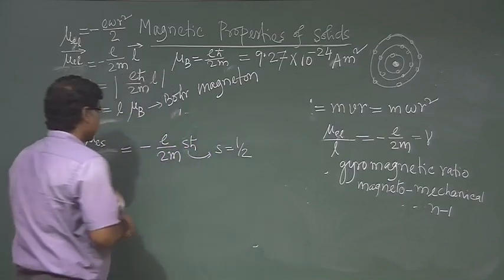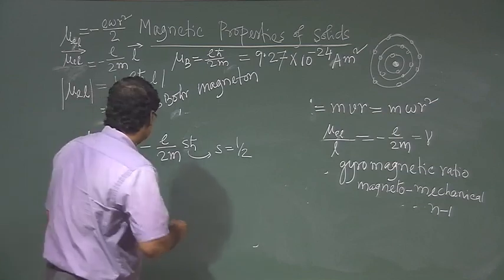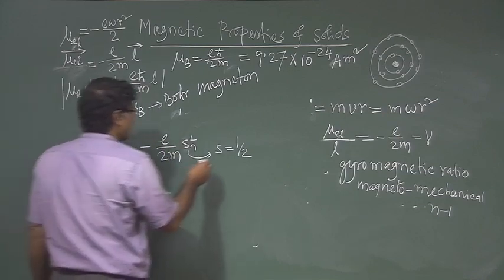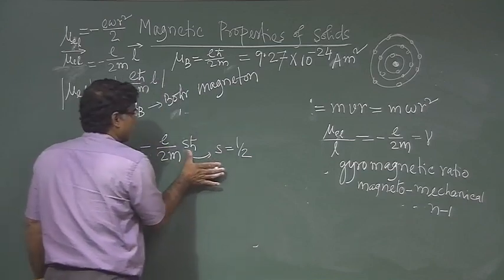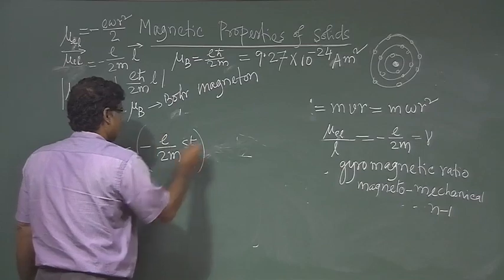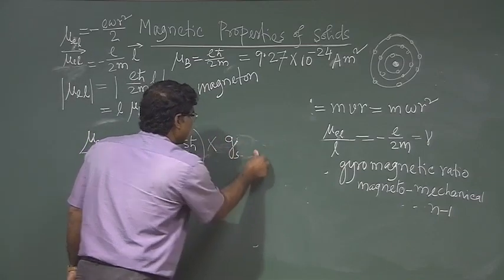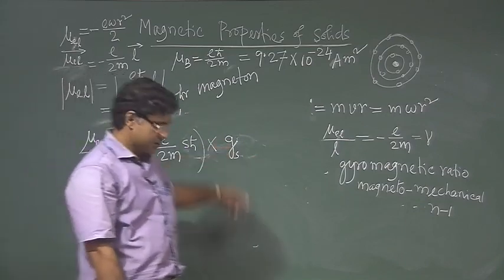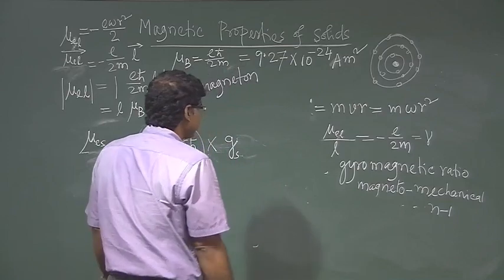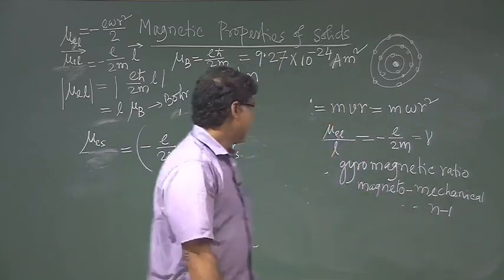So, here one factor is multiplied, that is g_s. This factor is called the Landé g-factor.